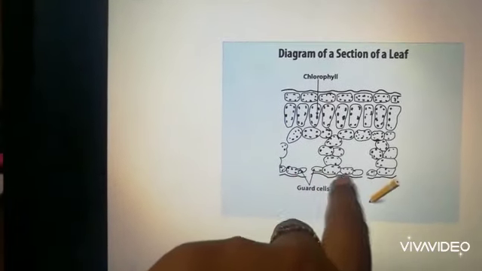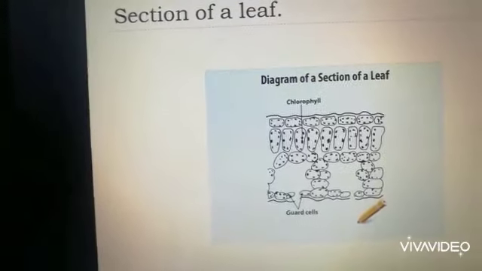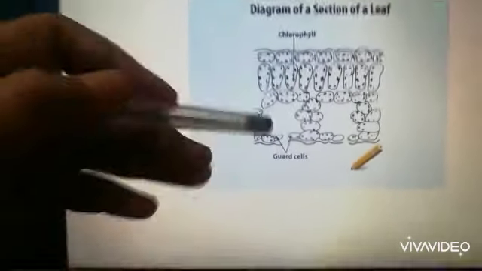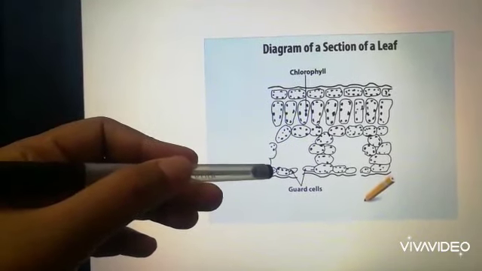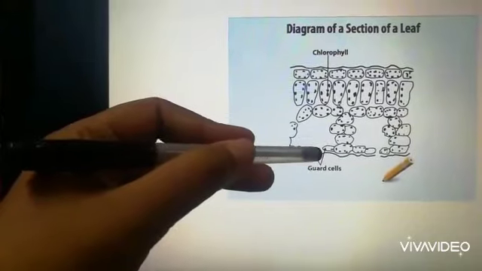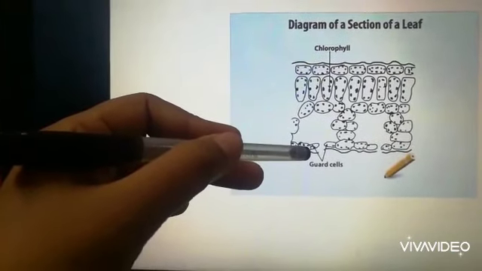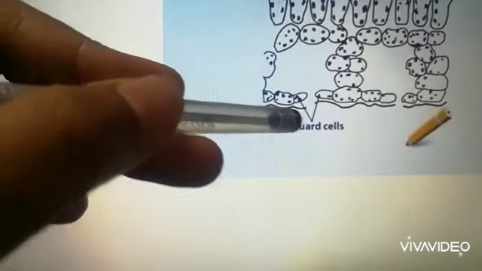This layer is the first superficial layer of the leaf, and below that the stomata are open here. The guard cells have distance from each other, meaning the stomata is open here.